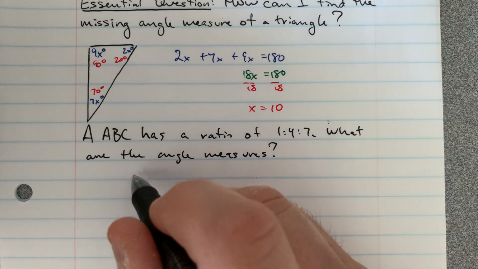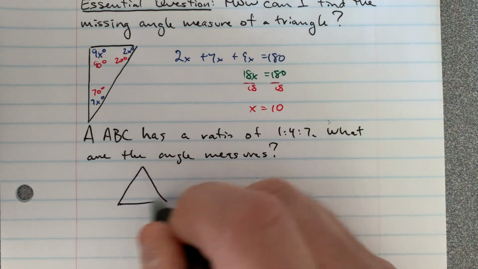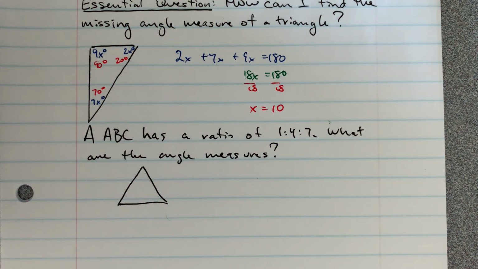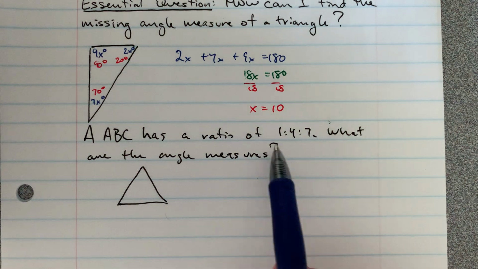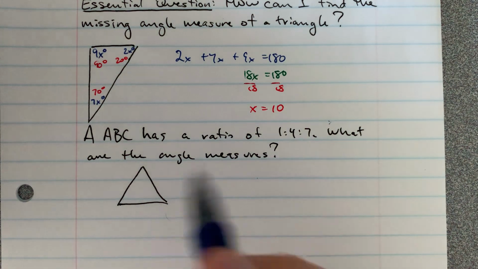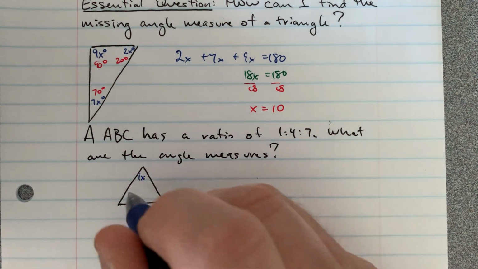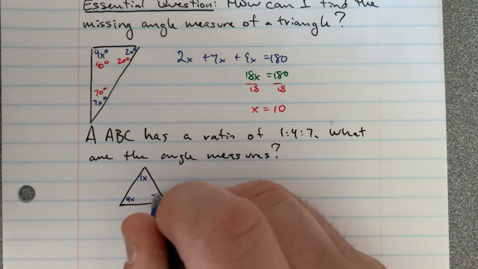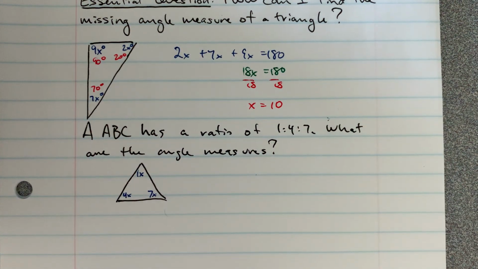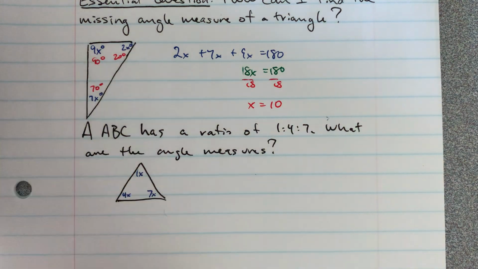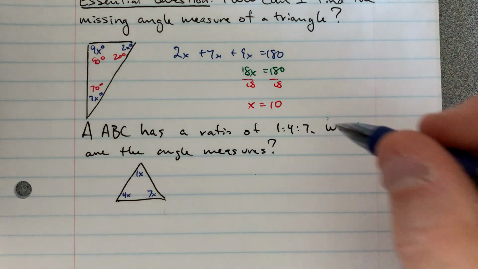I just have to draw a triangle. It doesn't matter how it looks. And I'm going to place in each corner these numbers with an x attached to it: 1x, 4x, 7x.